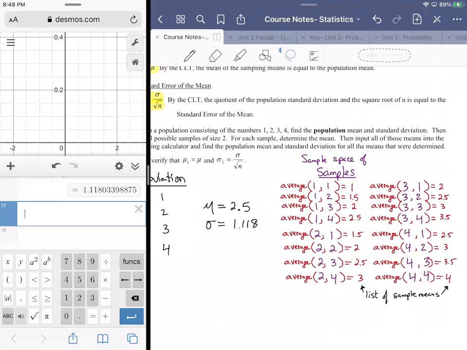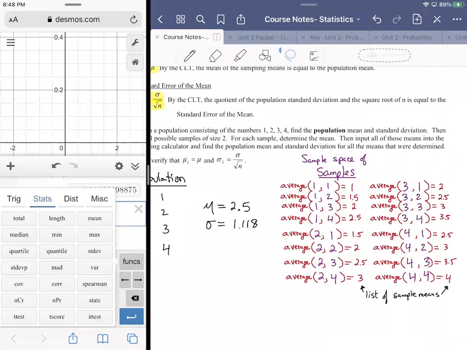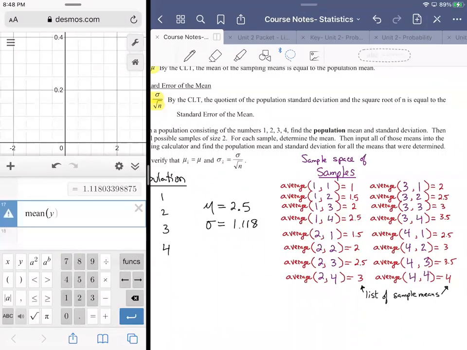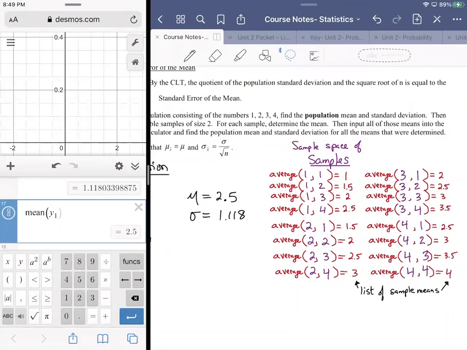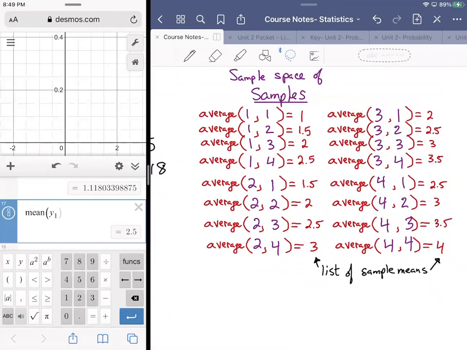Finding the mean: function mean, in list Y1. Oh, look at that, it's equal to 2.5. X bar is what we use to represent a sample mean. What we want is the population mean, because this is a sample space, all possible samples of size 2.